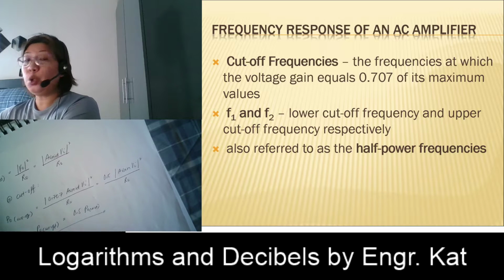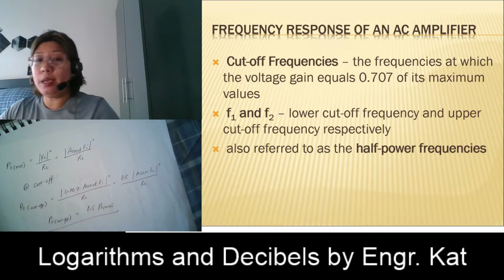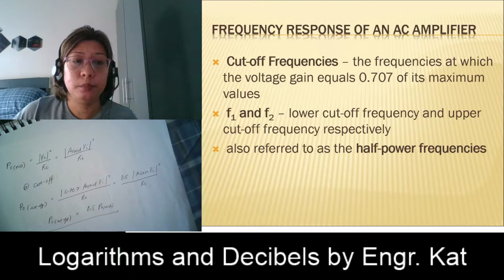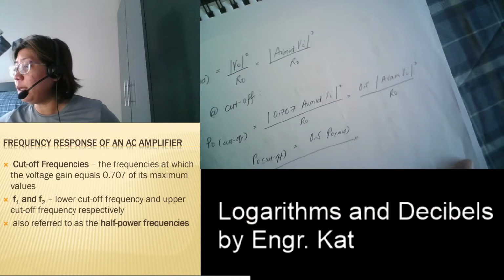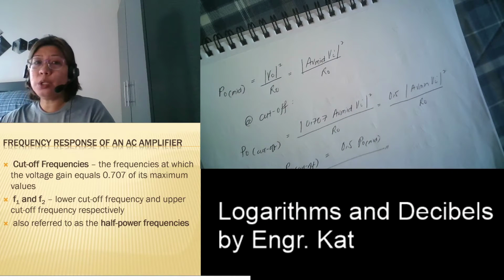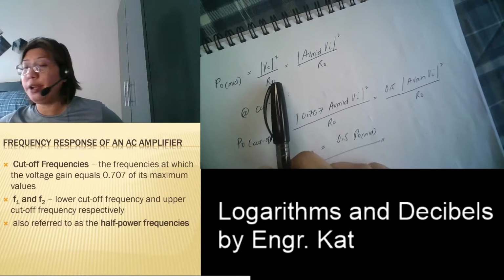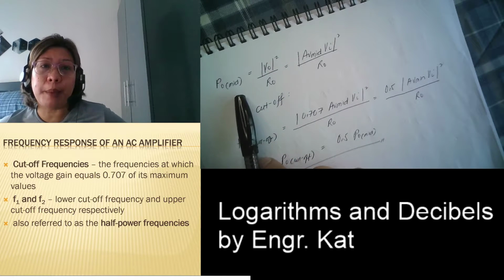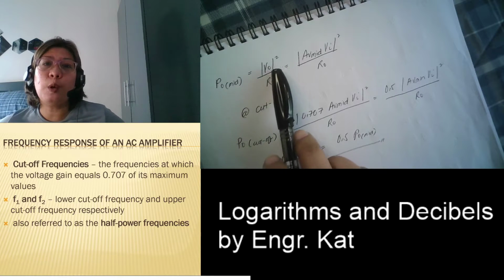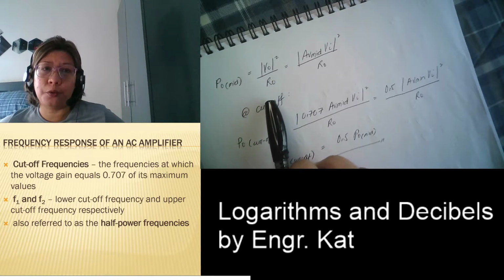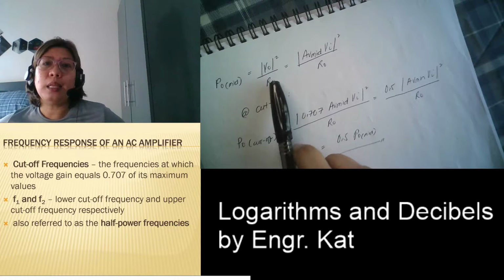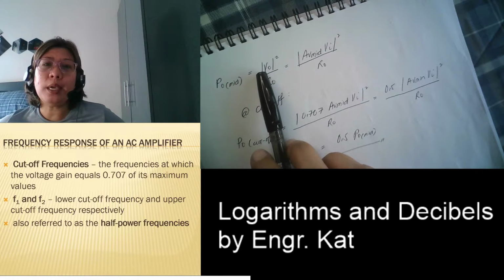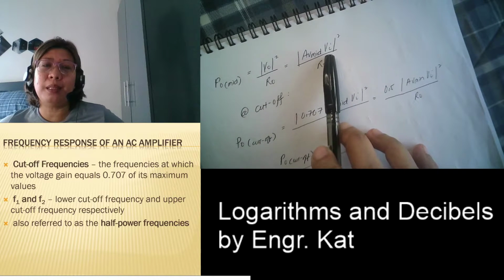Power is given by VO squared or V squared divided by R. So output power at mid-band is equivalent to VO squared all over R. We can write VO mid equivalent to AV mid times VI.